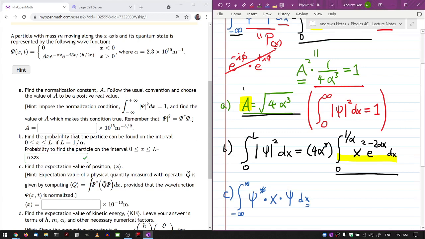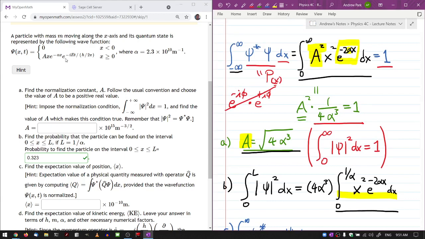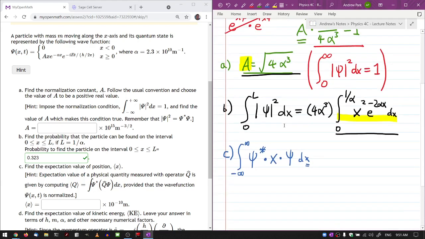So all the simplifications I did before regarding the complex conjugate times the function itself for the phase factor are gonna cancel out again.